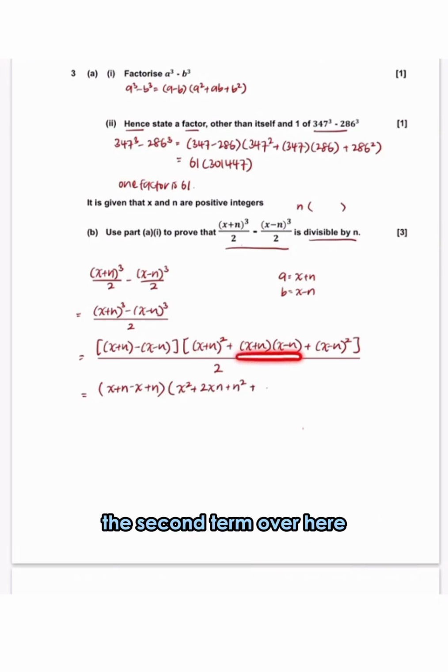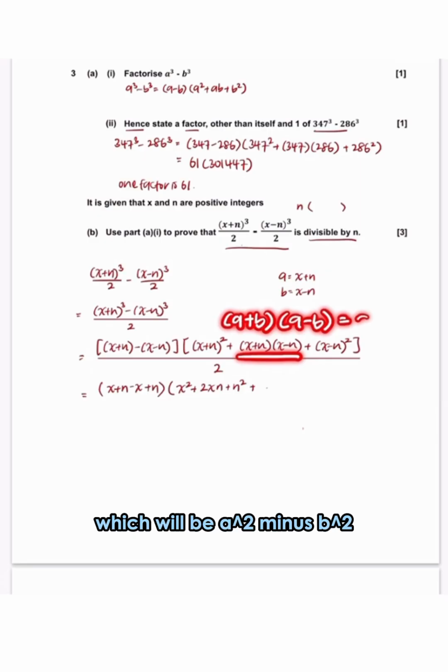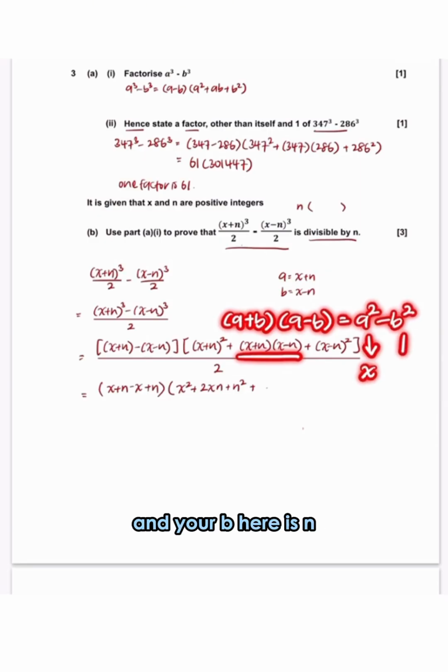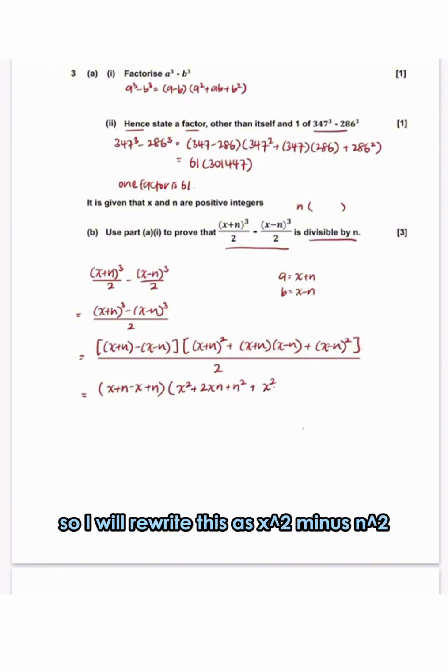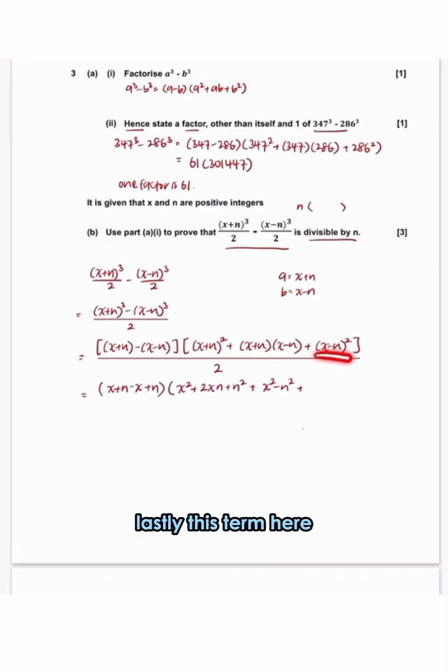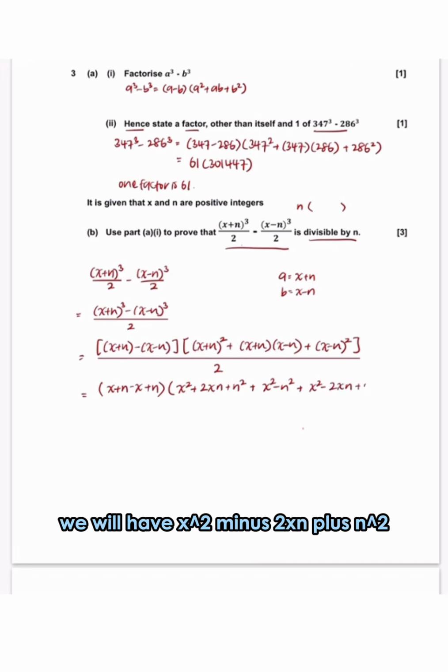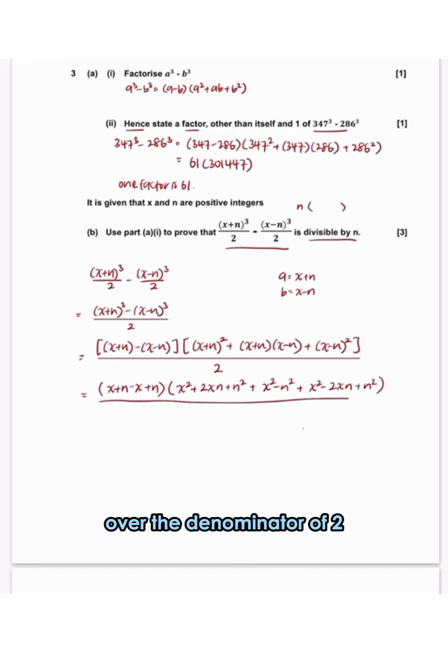The second term over here is actually in the form of a plus b times a minus b, which will be a squared minus b squared, where your a here is x and your b here is n. So I will rewrite this as x squared minus n squared. Okay, lastly, this term here, we will have x squared minus 2xn plus n squared, okay, over the denominator of 2.